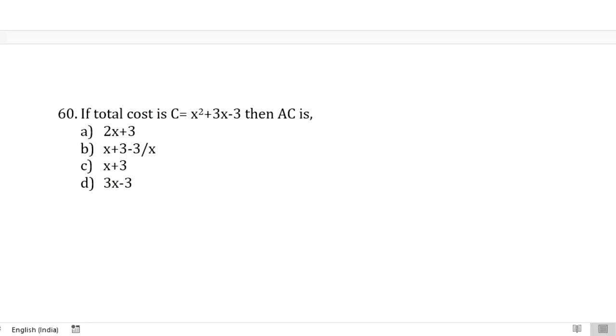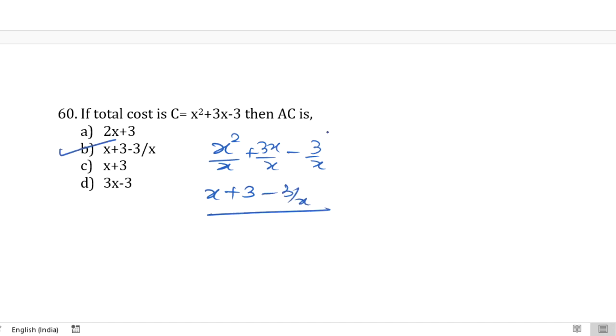So I just need to apply the same formula. Average cost is total cost, that is x square upon x plus 3x upon x minus 3 upon x. X and x get cancelled. So the answer is x plus 3 minus 3 upon x. So the right answer is option B.